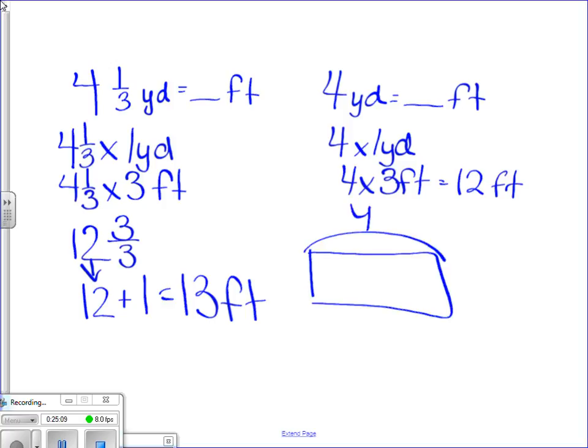If this is a yard, it's made up of 3 feet. 1/3 of a yard. This is a foot, this is a foot, this is a foot. 1/3 of a yard is 1 foot.